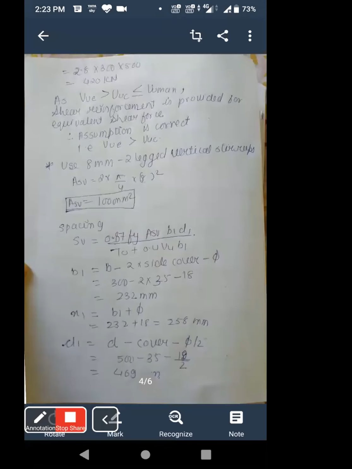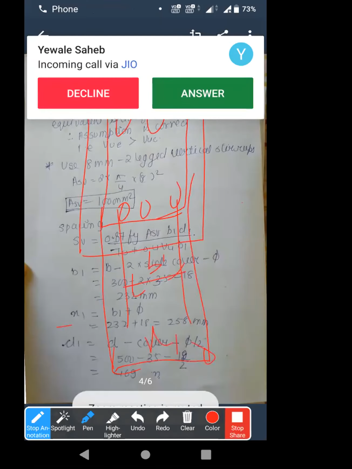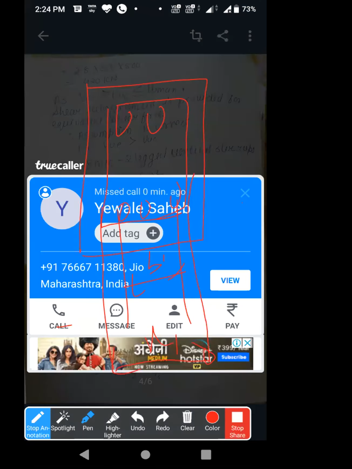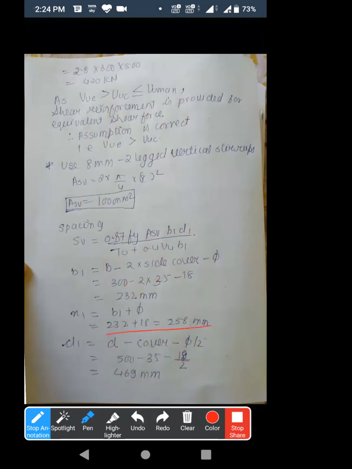This is your B1, and this is the whole. B1 plus 5, that is 232 plus 18, which is equal to 258 mm. Now D1. D1 is the same as your B1, D minus cover minus 2, which gives you 469 mm.